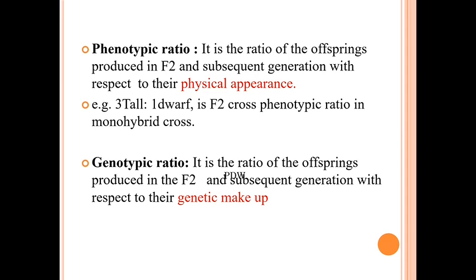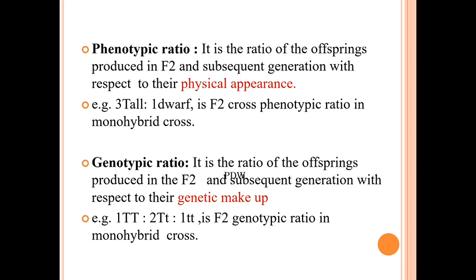Genotypic ratio. It is the ratio of offspring produced in F2 and subsequent generations with respect to their genetic makeup. For example, it can be represented as 1 capital T capital T, that is pure tall, to 2 capital T small t, hybrid tall, to 1 small t small t, pure dwarf, which is the F2 genotypic ratio in a monohybrid cross.